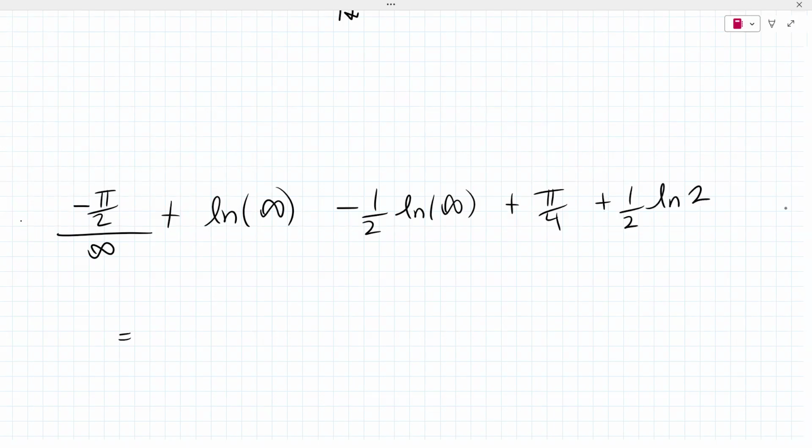And that gives you pi over 4 plus 1/2 ln of 2, because I believe that ln infinity just cancels, right? So you're left with, oh wait, yeah, so you're left with pi over 4 plus 1/2 ln of 2.